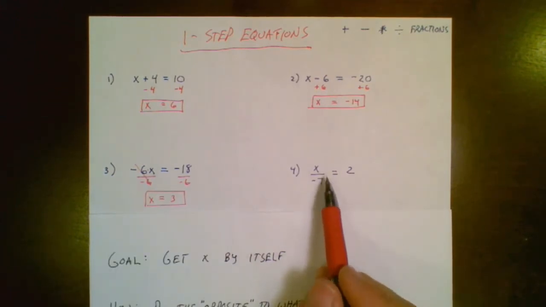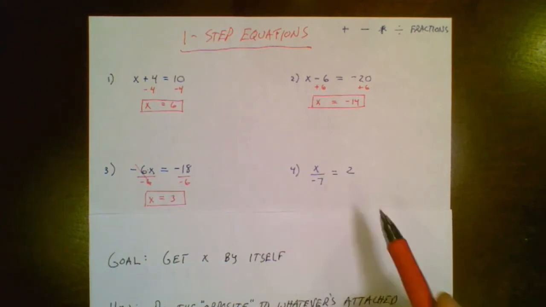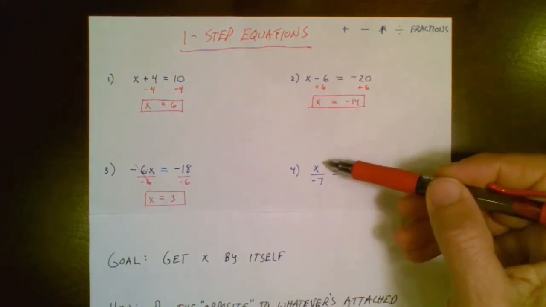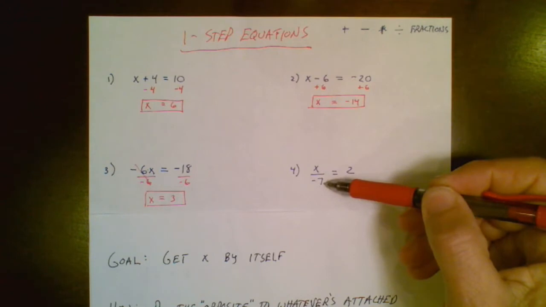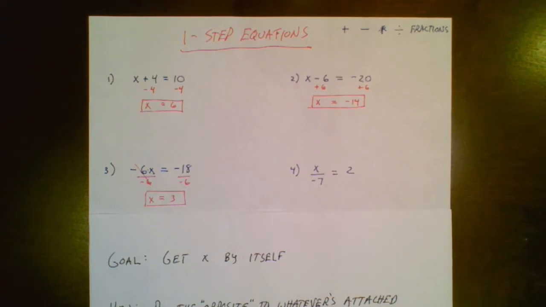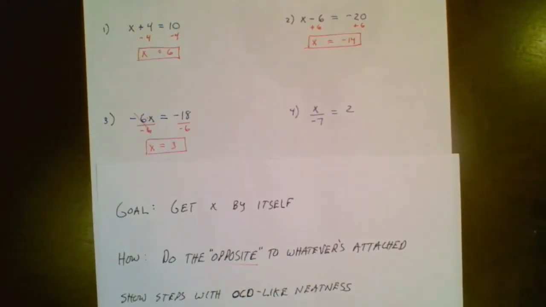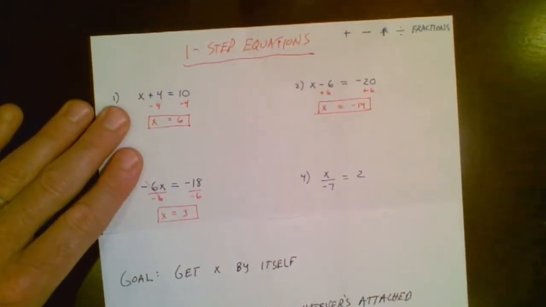Moving on to number 4, it has division. This looks like a fraction, but a fraction is also division. My goal is to get x by itself. I have to get rid of the negative 7. The negative 7 is attached by division, so the opposite of whatever's attached, in this case, is multiplication.